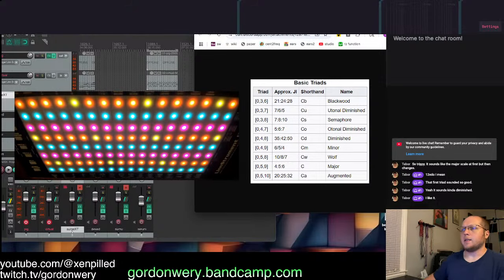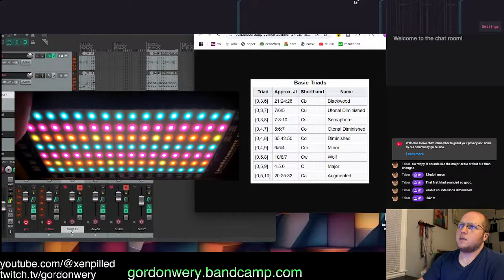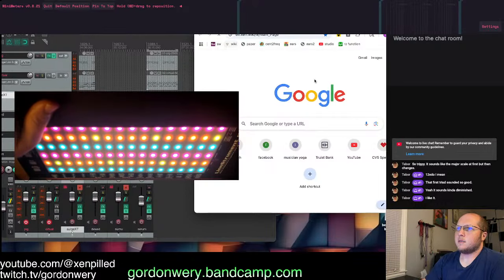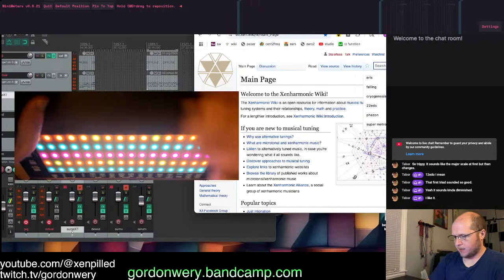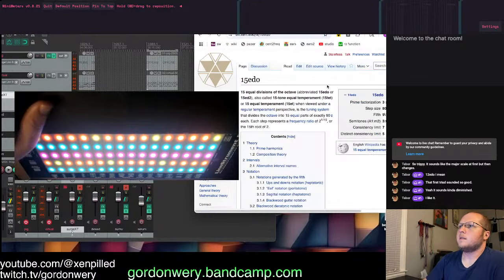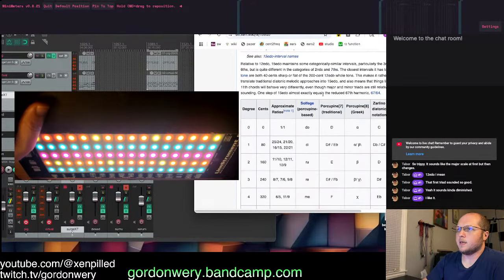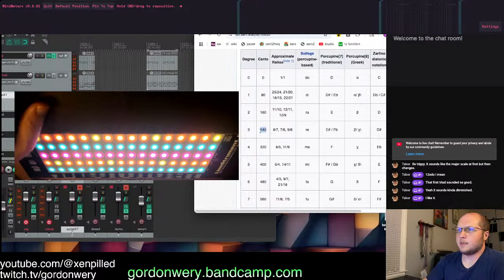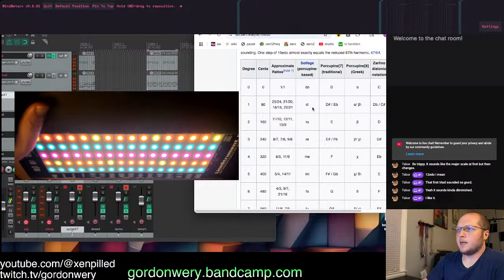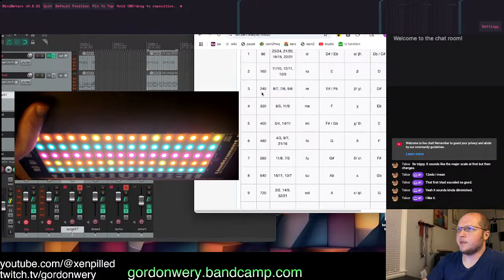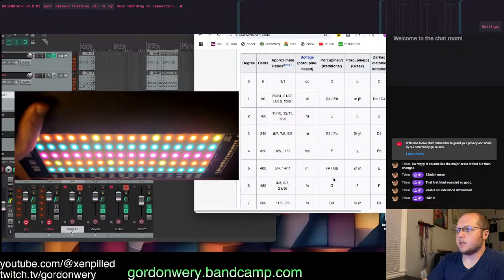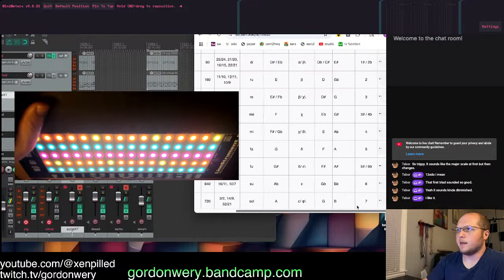And then when I was looking at the chart on the wiki, the sub minor third is only 240 cents, which seems too small. So I was kind of arguing with Fitzgerald at first. Well, not really arguing, but just saying I don't know if I would consider that a third.